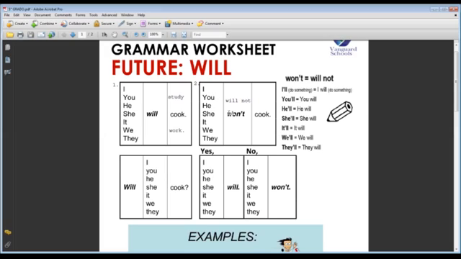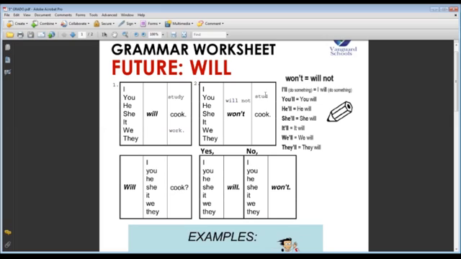I won't cook. Yo no cocinaré. Okay? I also can say, I will not cook. Okay? Depend on you. You can say, I will not cook or I won't cook. You can use different verbs.